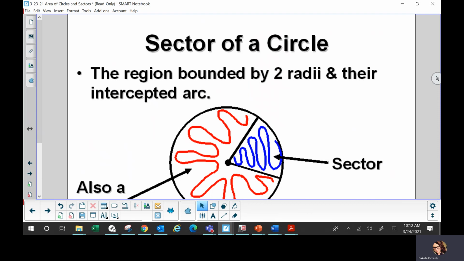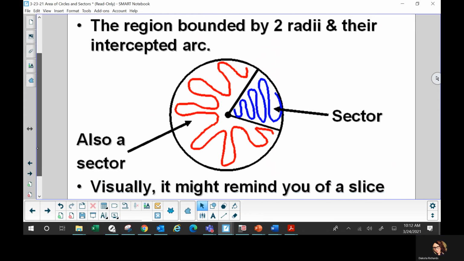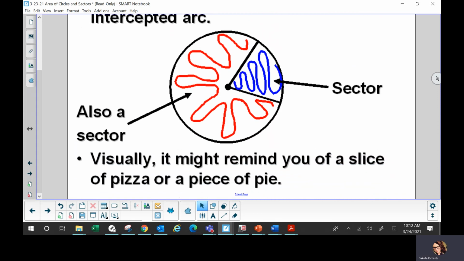So now what we are going to do is look at sectors of a circle. It's technically the region bounded by 2 radii and their intercepted arc. It kind of looks like a piece of pie or a piece of pizza.